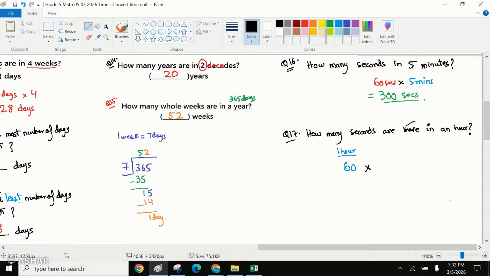In 1 minute, we have 60 seconds. And we know the rule for multiplying numbers ending with 0. 6 times 6 is 36. And we simply put the 2 zeros. That means 1 hour has 3600 seconds.